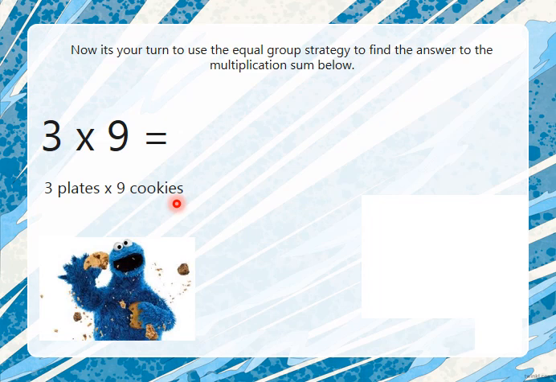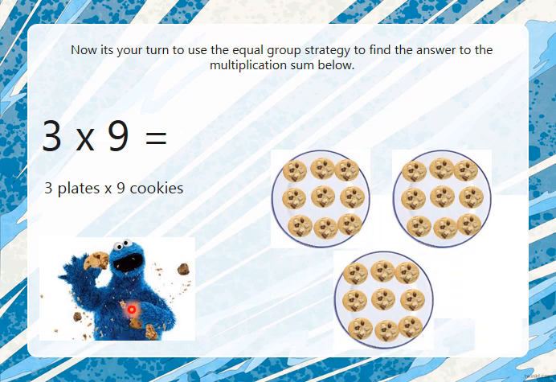Welcome back. How did you go? Let's have a look at our answer. We needed 3 equal groups of 9, or 3 plates with 9 cookies. It should look something like this. 1, 2, 3 plates with 1, 2, 3, 4, 5, 6, 7, 8, 9 cookies in each. Now, to get our answer, we need to add up all our cookies on each plate.